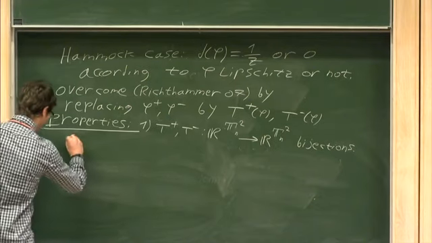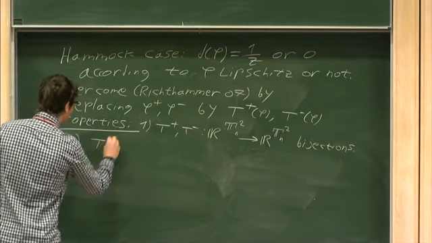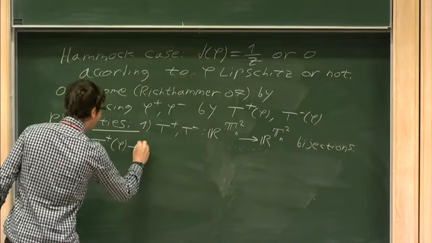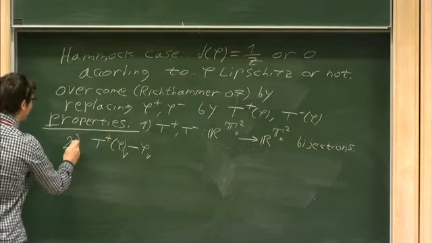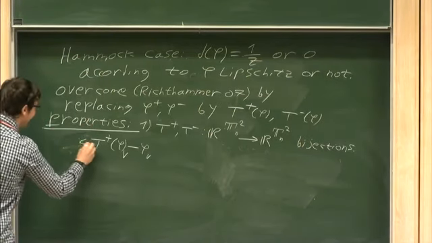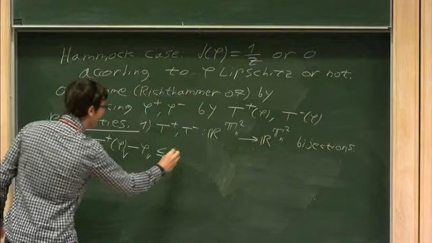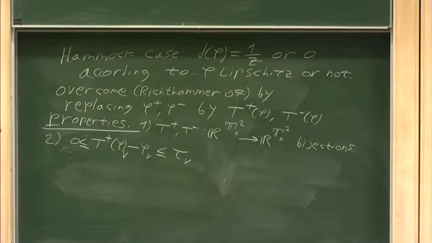The second property is that what this function does is roughly an addition. So t plus phi at the vertex v minus phi at the same vertex v, well, it adds something. It's bigger or equal to 0, but it doesn't add too much. It adds at most tau of v. So I still keep my function tau.